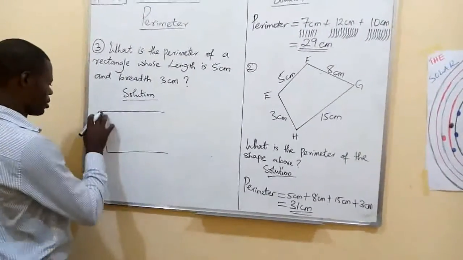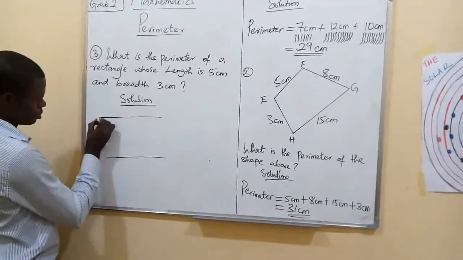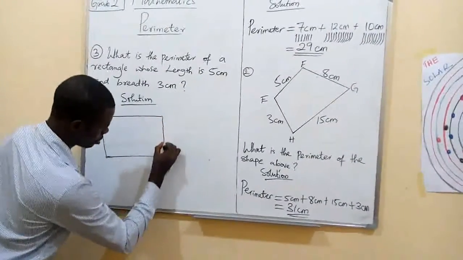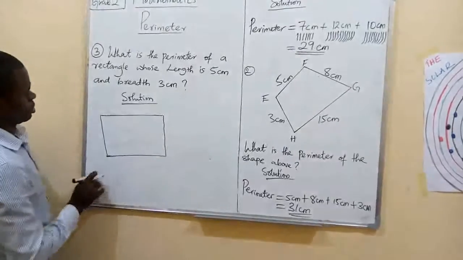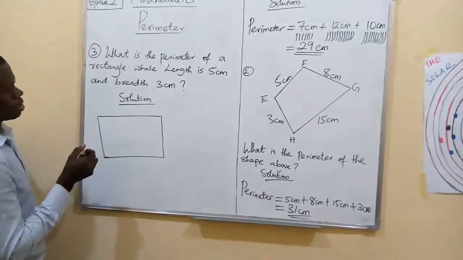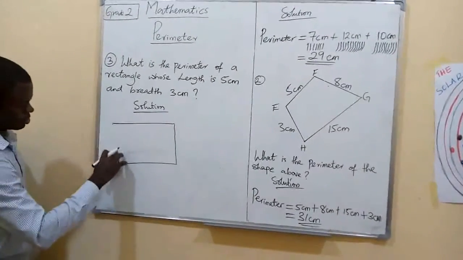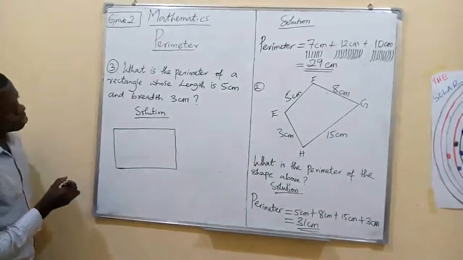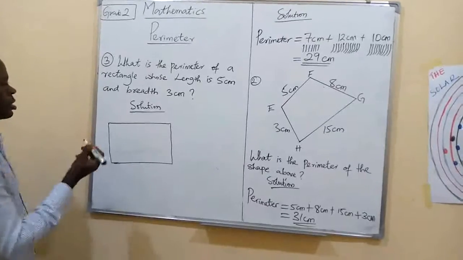I want to make my rectangle very good. Alright. This is a rectangle. Alright, this is a rectangle, right?